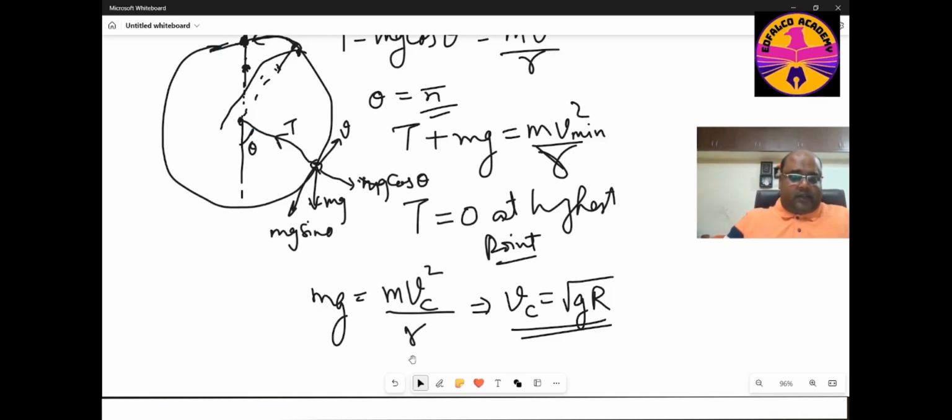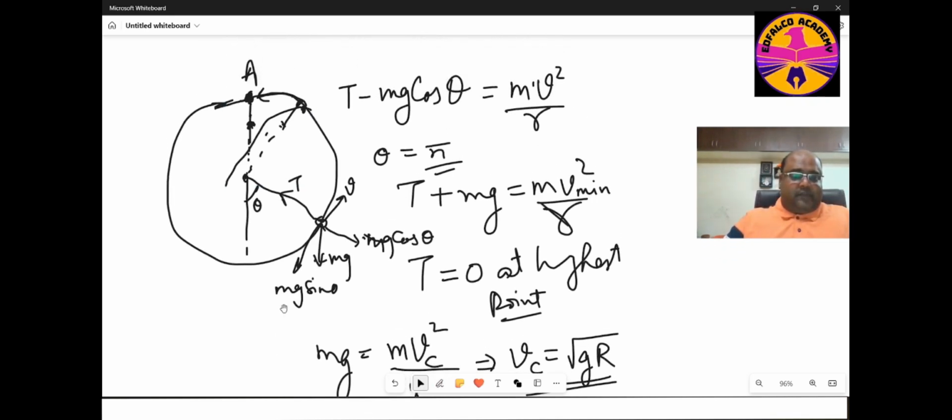Now another thing is to calculate the velocity at the bottom, at this point. Here we have to calculate the velocity. Now I can calculate this velocity using calculus, right? If I go through this method of calculation, I will have to find out everywhere the force body diagram, and based on that the components of velocity, what is the force acting in the x direction, what is the force acting in the y direction.